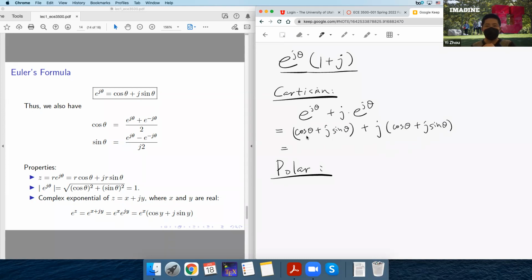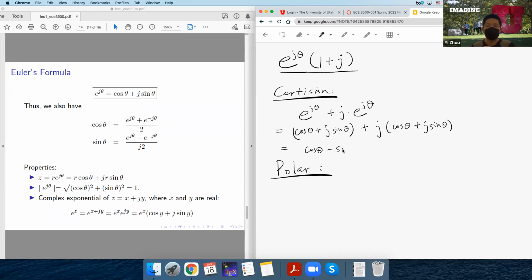So you find out all the real parts. I think this is real. And here, this is imaginary because we have j here. Here we have j times cosine theta, which belongs to the imaginary part. And the last term we have j squared times sine theta, but j squared is -1.